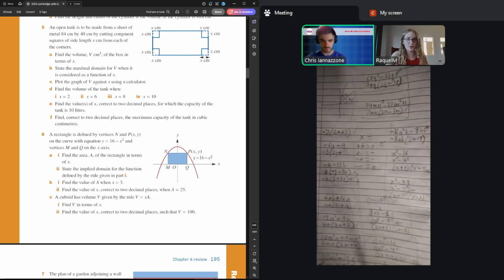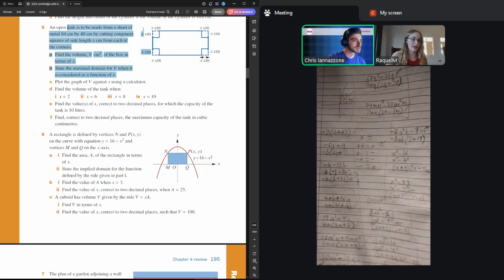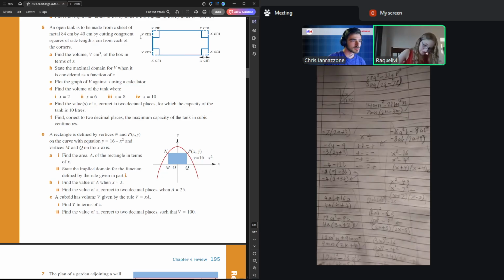Just double checking which question I'm doing. 5a for this one. So we've got this open tank. It'll fold up into some sort of box. And we're trying to find the volume, or the equation of the volume.